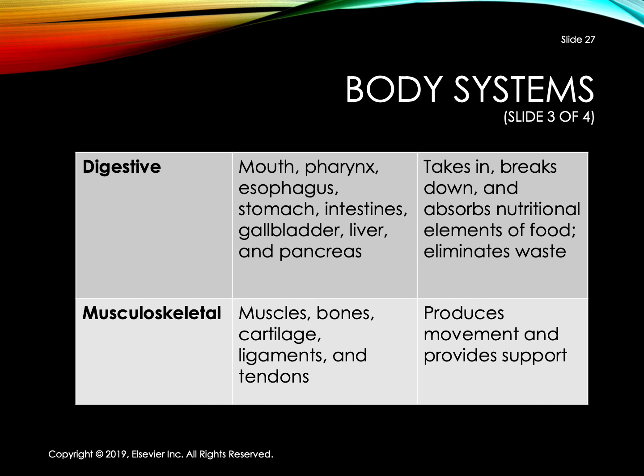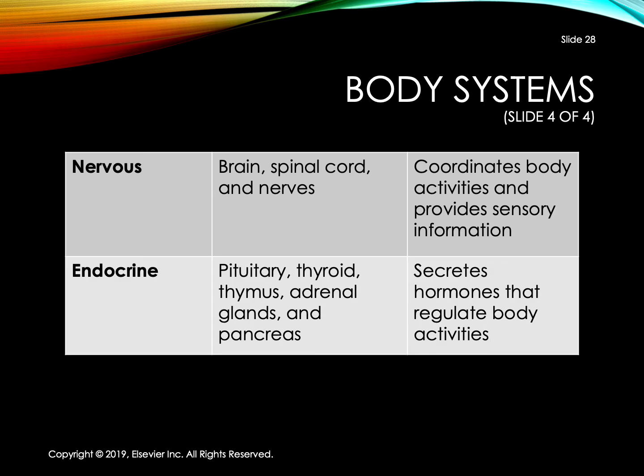So the musculoskeletal system helps us to maintain this upright posture that we have, and it also helps to provide movement of our bodies, and it also helps to protect vital organs when we're talking about the skeletal system.